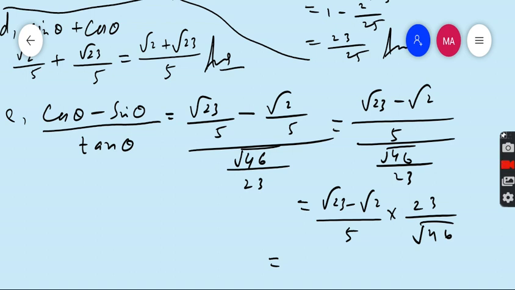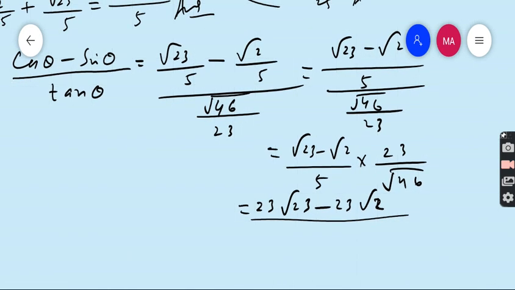Okay, so 23 multiplied by root 23 is 23 root 23, and 23 multiplied by root 2 is 23 root 2, upon 5 into root 46. This is our final answer, but we have to make the answer in the book.